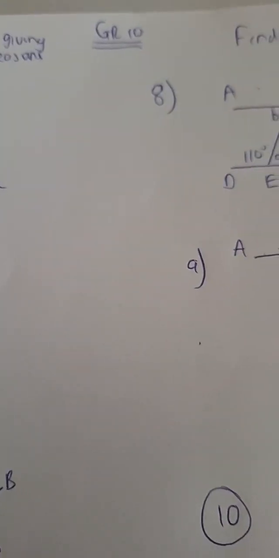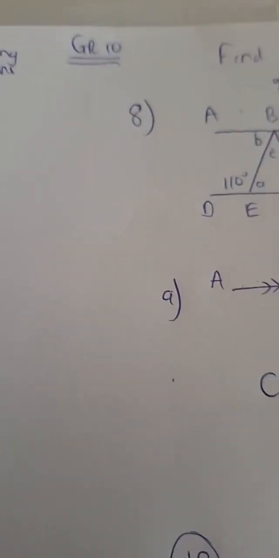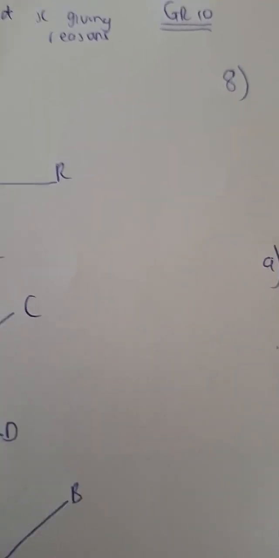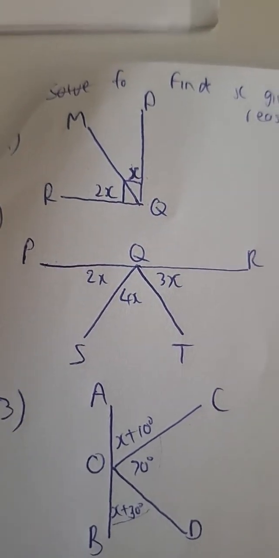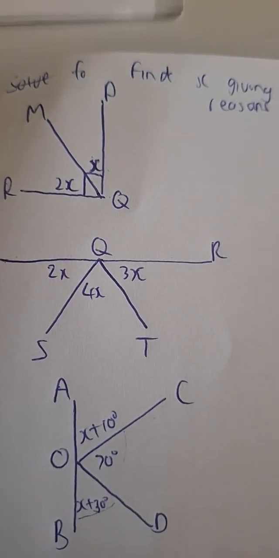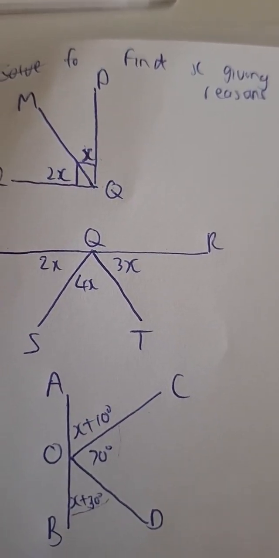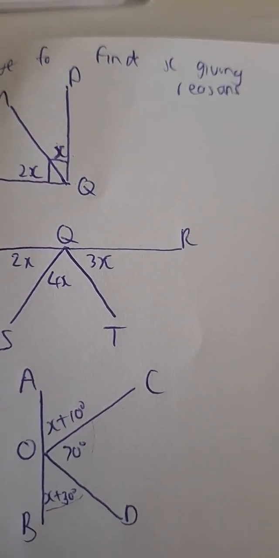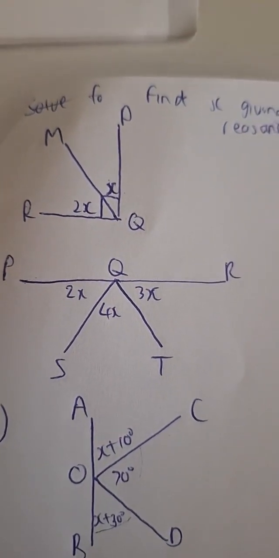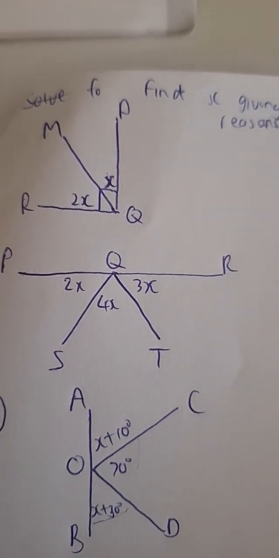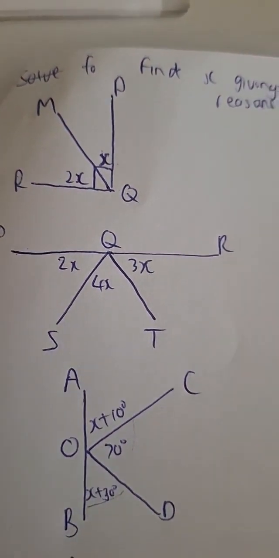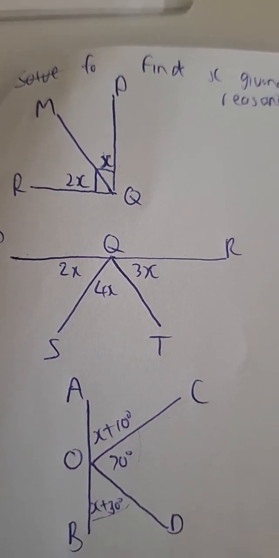Just for those wondering what we'll be covering in this session, we have started off with Euclidean Geometry for grade 10, and we were able to revise the basic results established in earlier grades for lines, angles, and triangles.